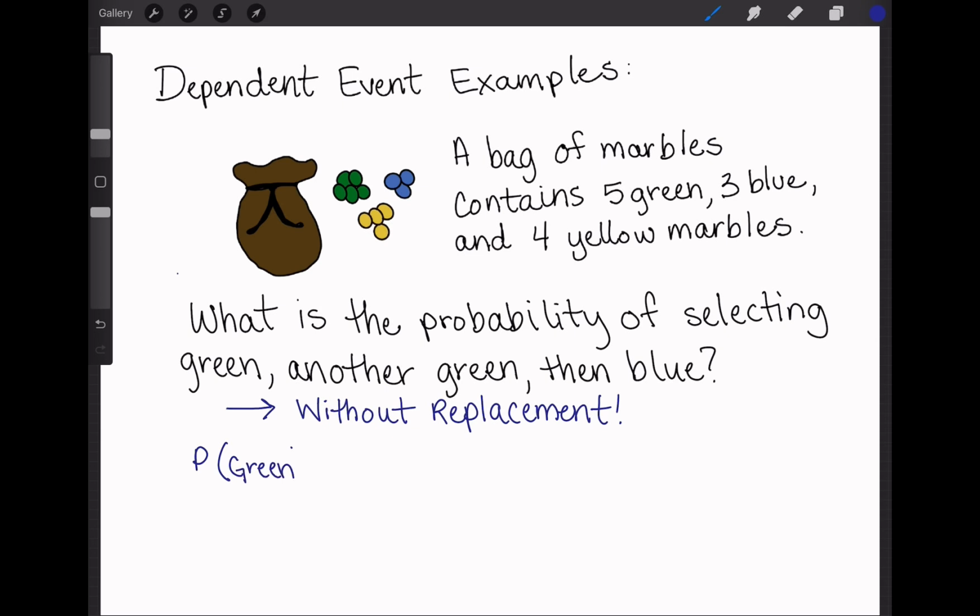So the probability of drawing a green marble the first time is going to be different from drawing a green marble the second time. The first time, the probability of drawing a green marble is going to be 5 out of 12. The second time that we draw that green marble, we are only going to have 11 marbles remaining. So that means we will have 4 out of 11 marbles that are green.